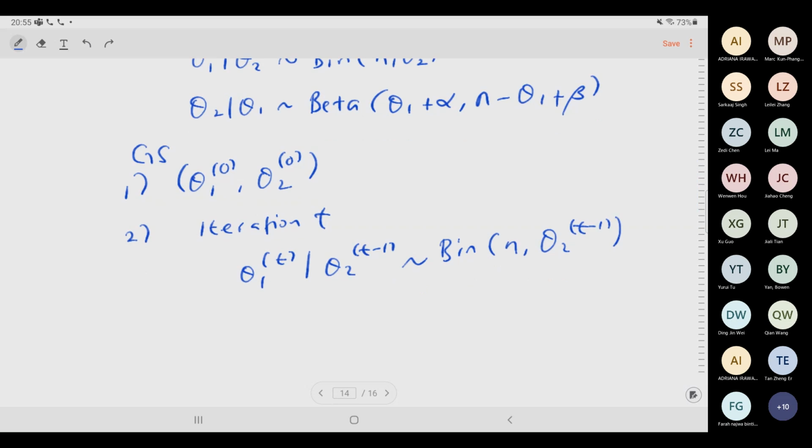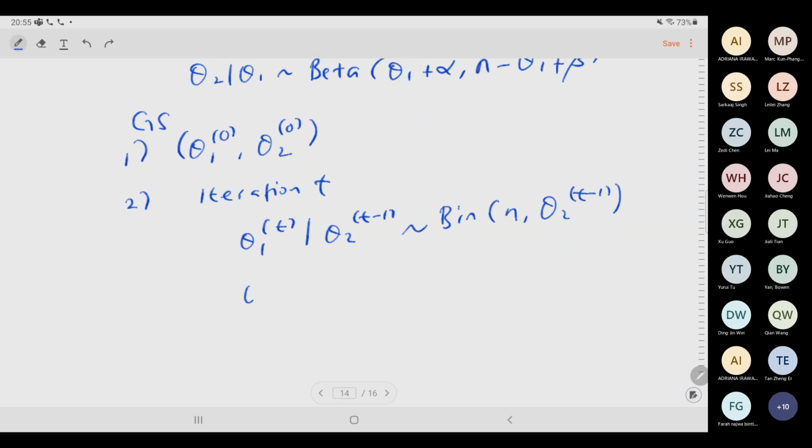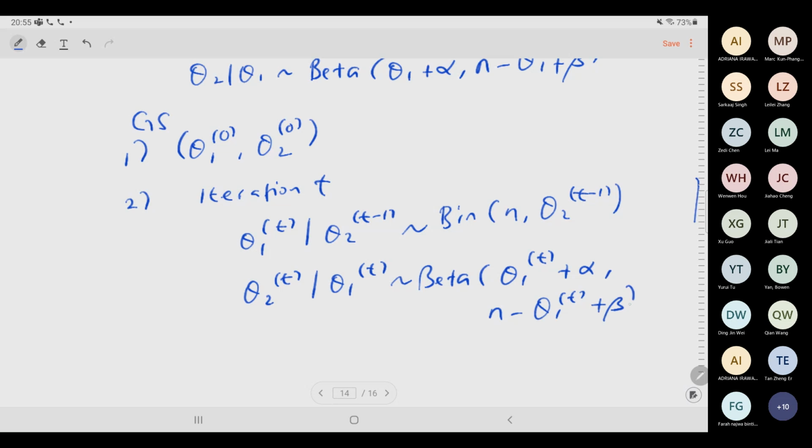And you have your theta 2 at time t, but then your theta 1 is already updated, so theta 1 is at t. So this is a beta with theta 1 t plus alpha, and n minus theta 1 t plus beta.